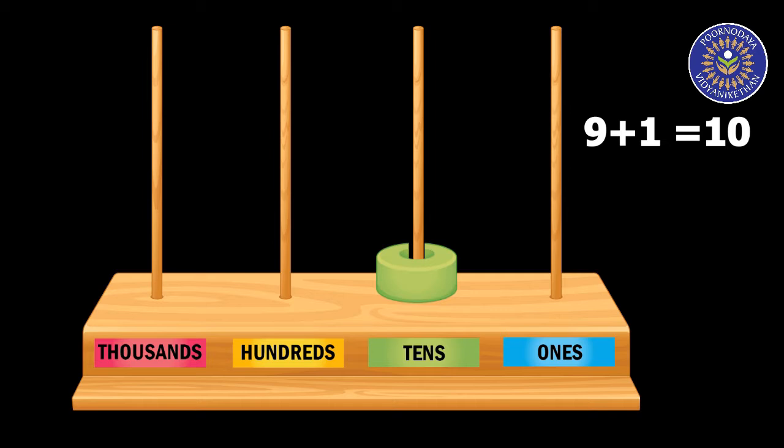When we add 9 plus 1, you get 10. And how to put this 10 in the abacus? It is 1, 0. That means there are no rings in the ones place. It's just 0. But on the tens place, you will have 1 ring. Okay? Just look carefully. 1 ring.